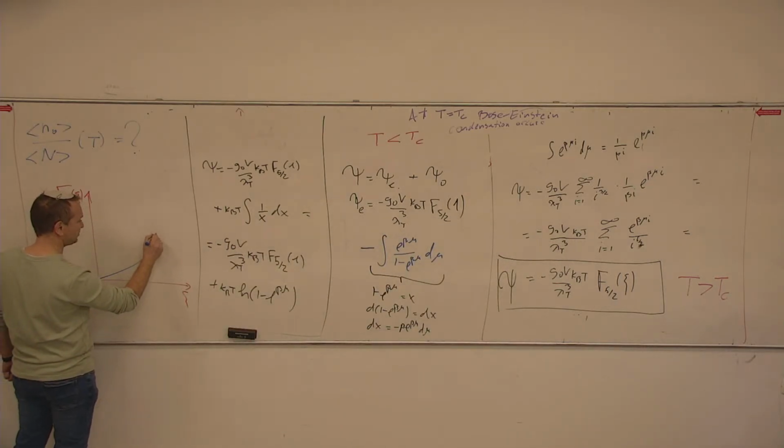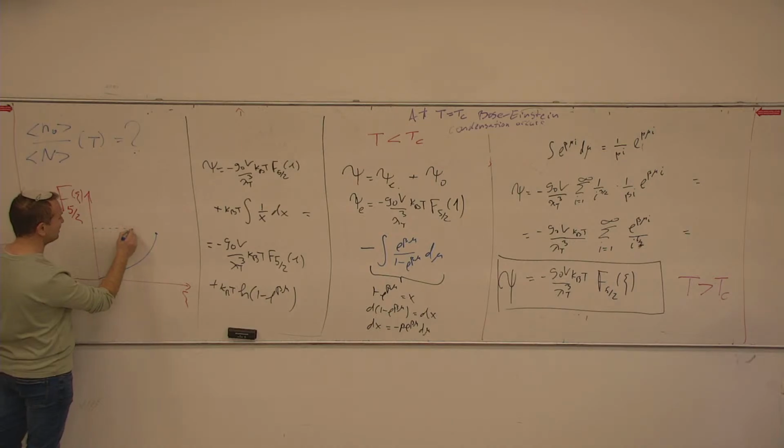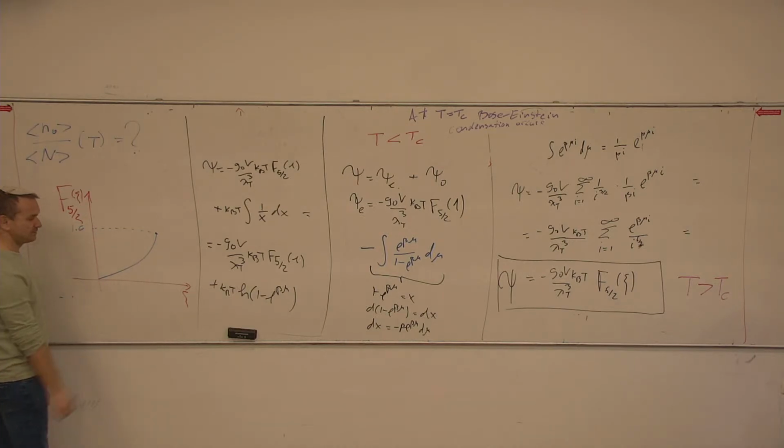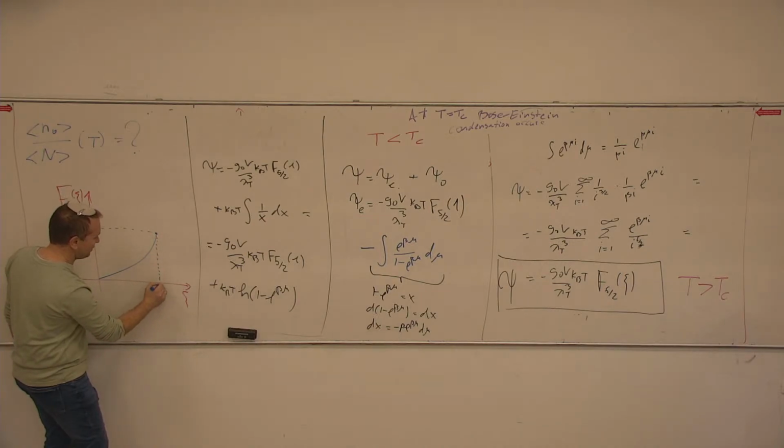It grows, it reaches a specific point, which is not 2.6, 2.3, it's actually 1.6, in this vicinity of 1.